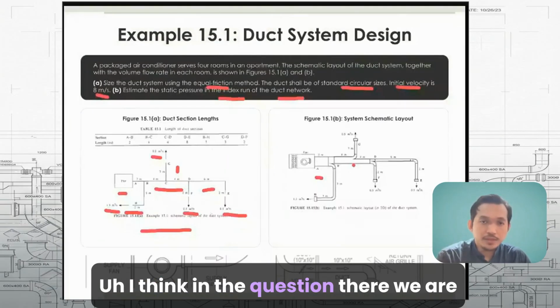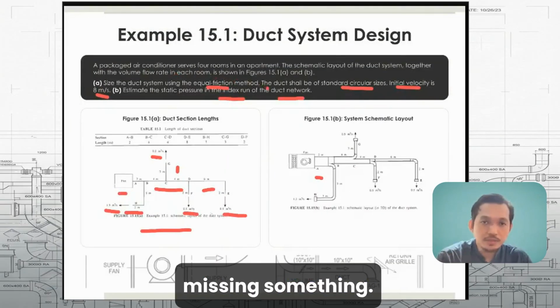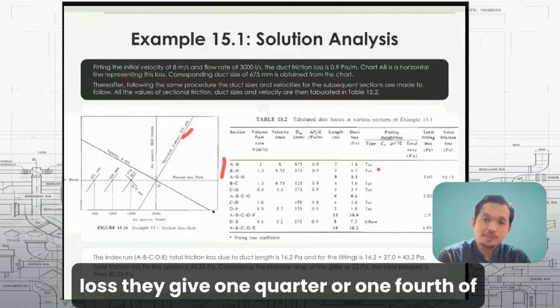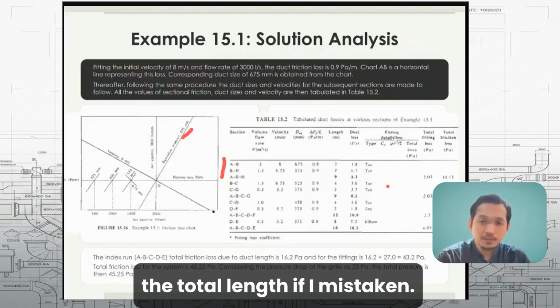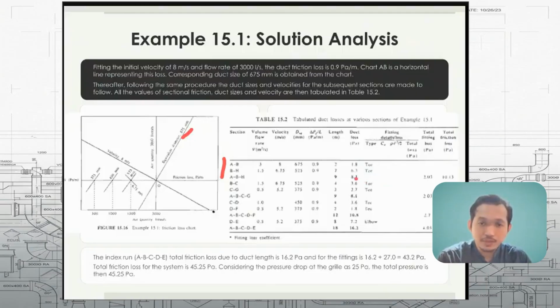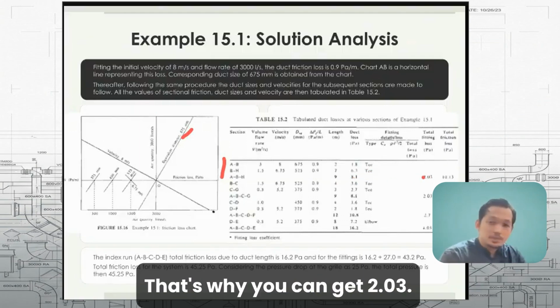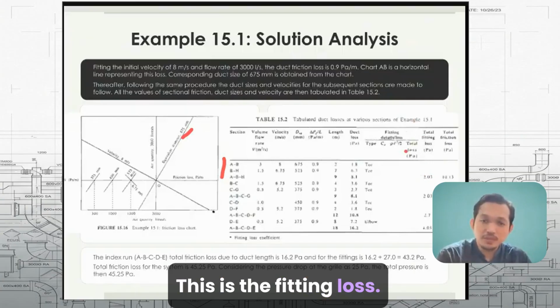I think in the question we are missing something. Actually, it was mentioned that the fitting loss is 1/4 of the total length, if I'm not mistaken. I think they should have mentioned it somewhere. That's why you can get 2.03. This is the fitting loss.